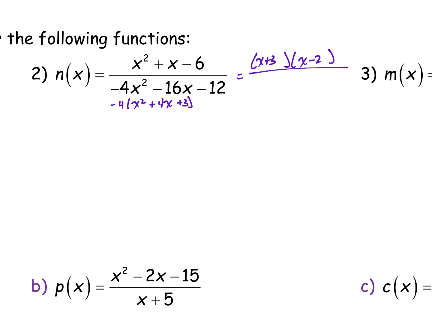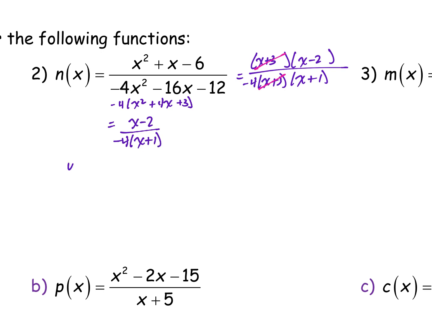Yes, that's correct. And then times negative 4 times x plus 3 times x plus 1. So those go away, and my equation is going to be x minus 2 all over negative 4 times x plus 1.